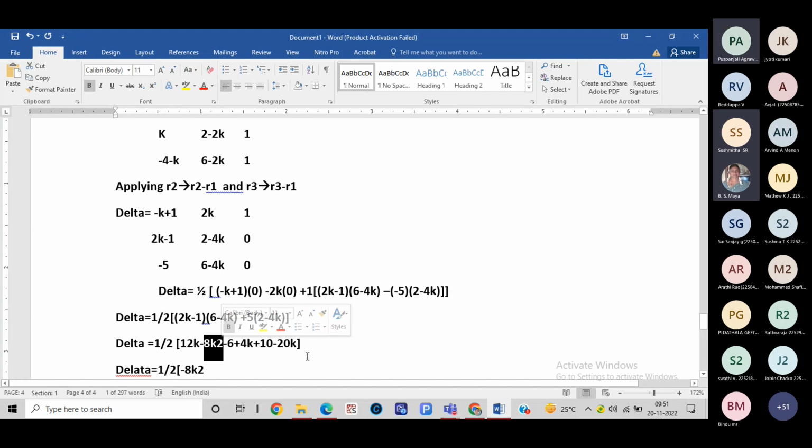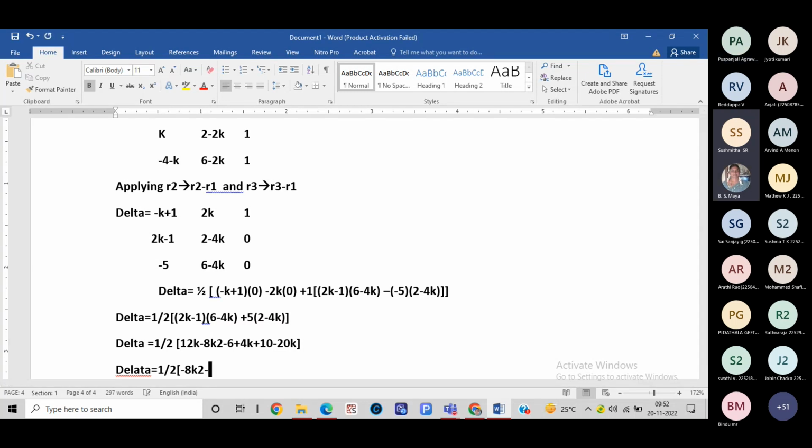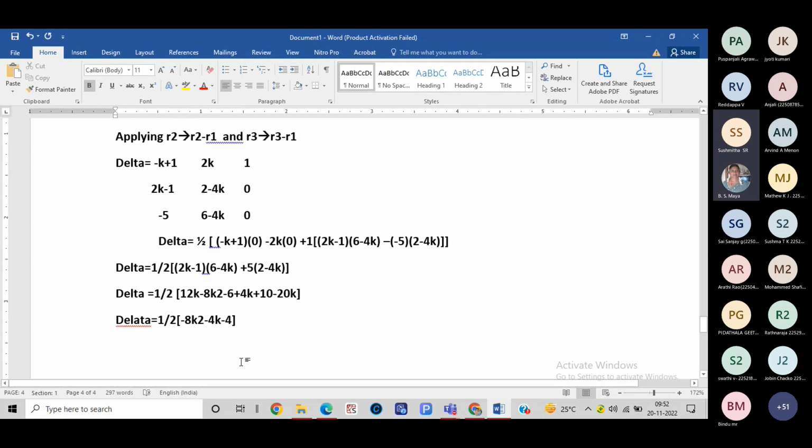Wherever you have a k, take it out, plus and minus, do it. 12k plus 4k, 16k, right? 16k minus 20k, we can write minus 4k. Any doubt in that one? Okay, next plus 10 minus 6. Shall we write plus 4? Okay, take the minus factor outside and divide by minus 2.